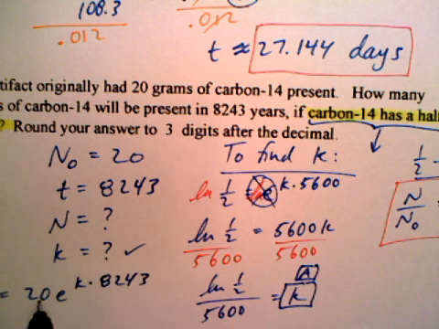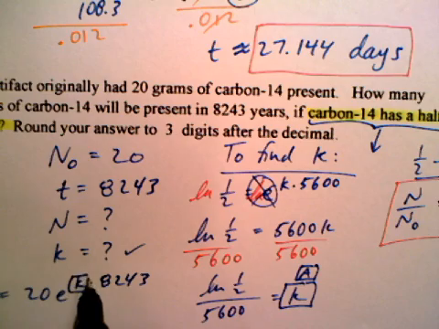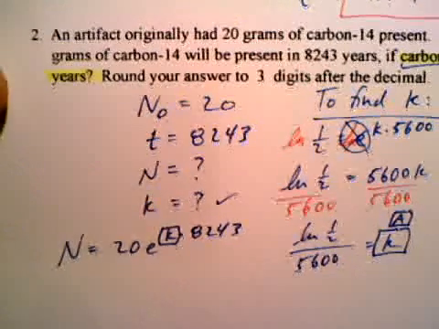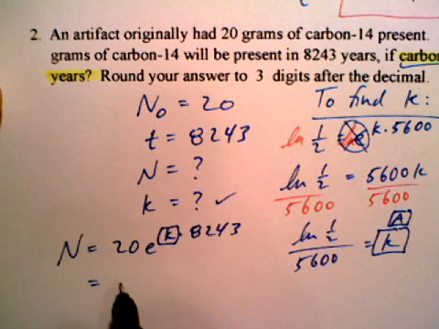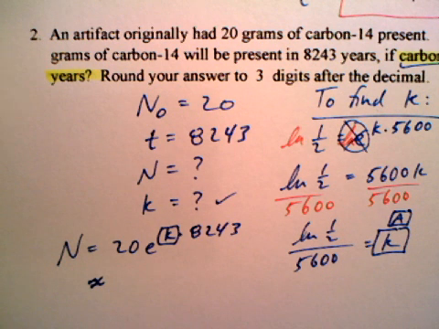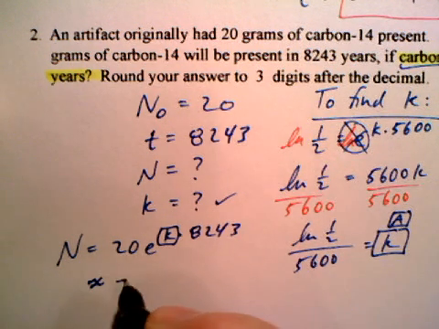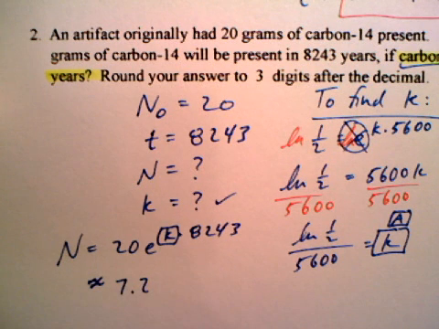The t goes there, n sub 0 goes there, and our k is the value we just stored in A. So n equals 20 multiplied by e to the alpha A times 8,243, and we should get 7.2098, so it's really 7.21.